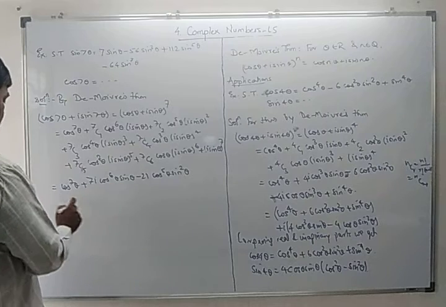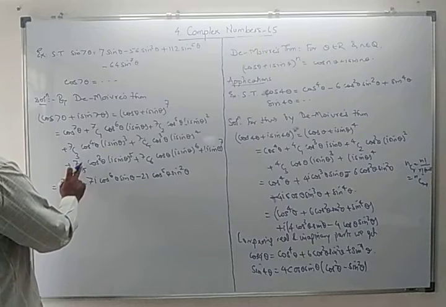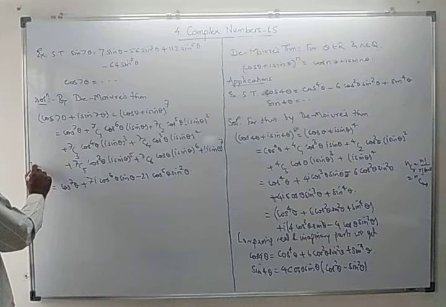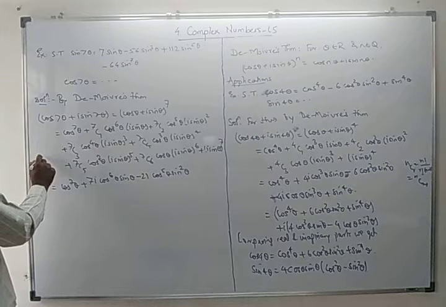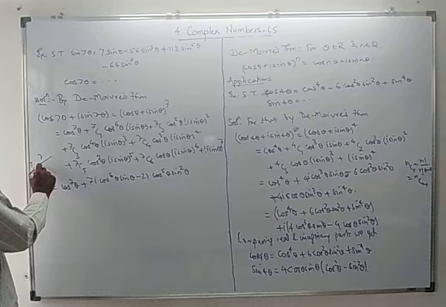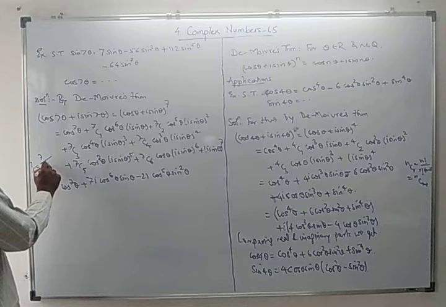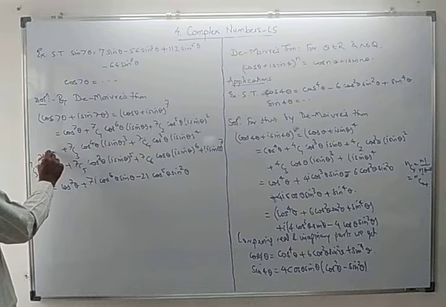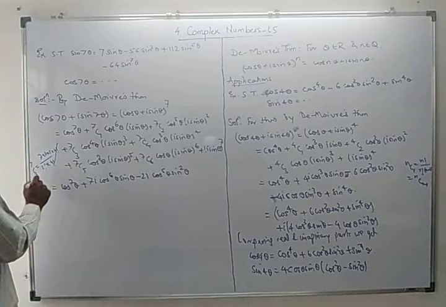Now 7c3. What will be 7c3? 7c3 is equal to 7 factorial upon 3 factorial into 4 factorial. So 7 into 6 into 5 into 4 factorial. 4 factorial gets cancelled.